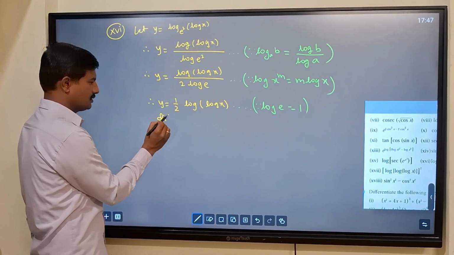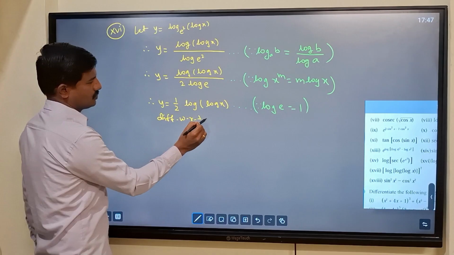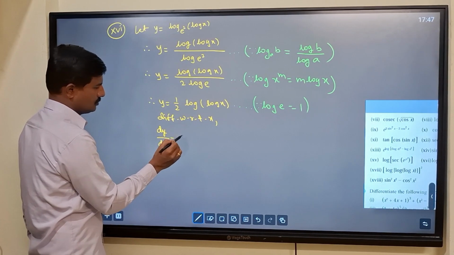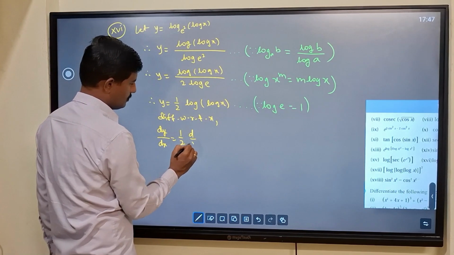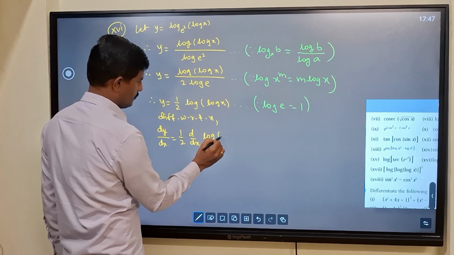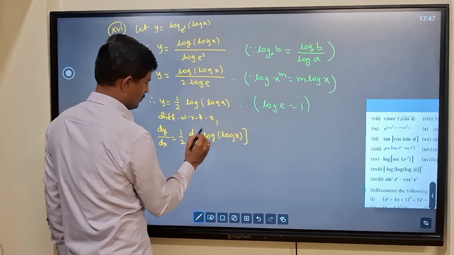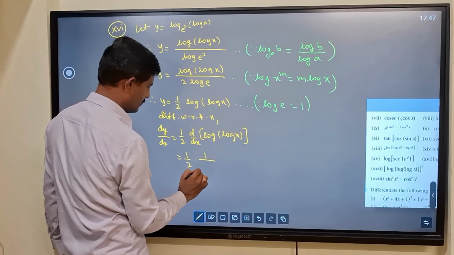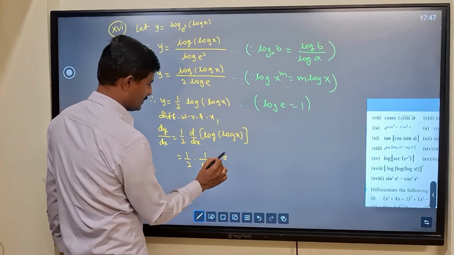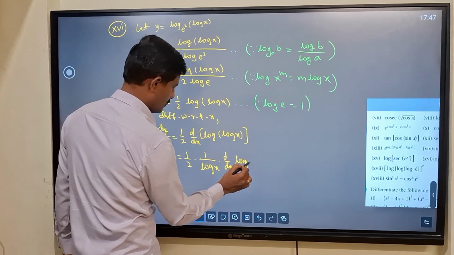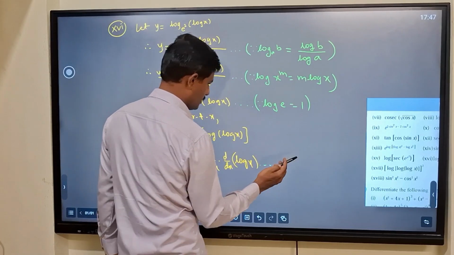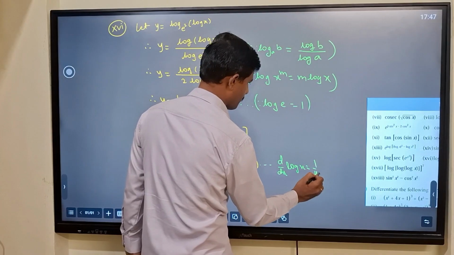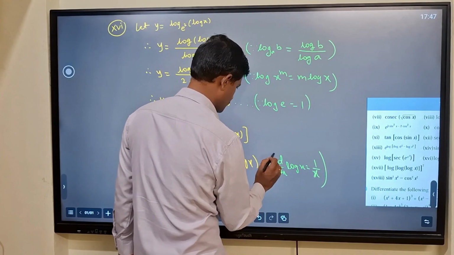Now differentiate with respect to x. dy by dx is equal to 1 by 2, which is constant, so 1 by 2 d/dx of log of log x. Differentiation of this log is 1 upon log x times d/dx of log x. We used the formula d/dx of log x equal to 1 by x.